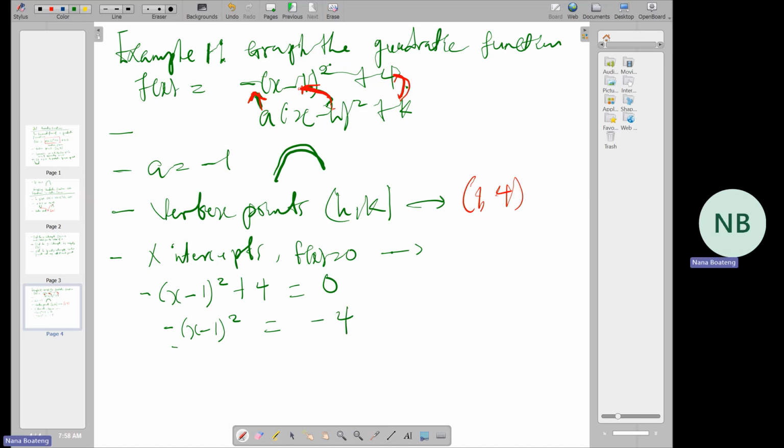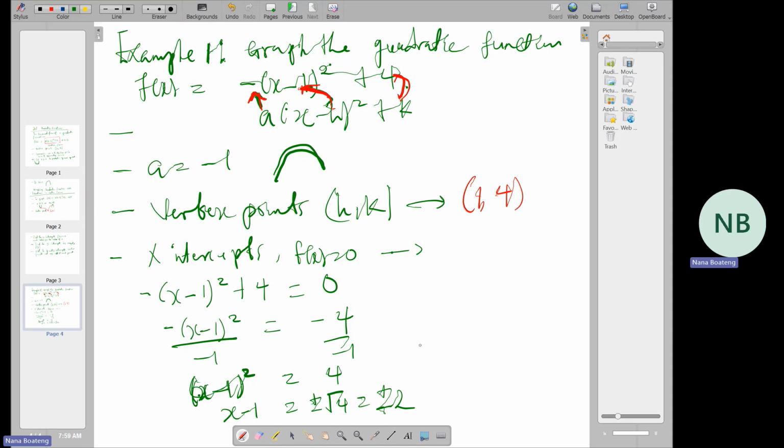Dividing by negative 1 on both sides, we have (x minus 1) squared equal to 4. Now we take the square root on both sides, and we get x minus 1 equal to plus or minus the square root of 4, which is plus or minus 2.